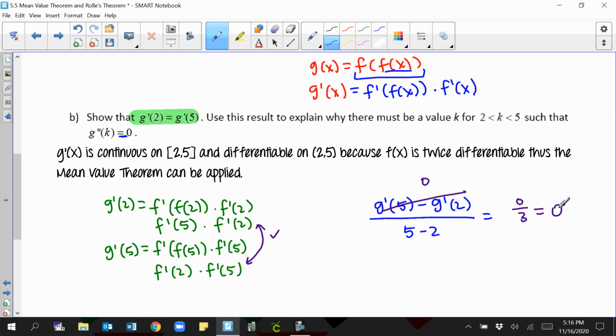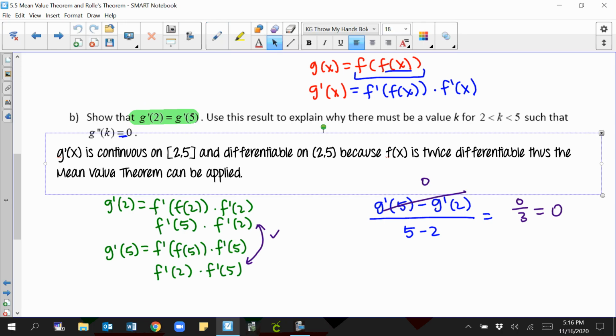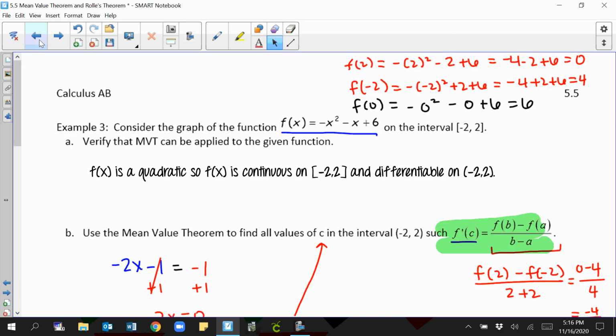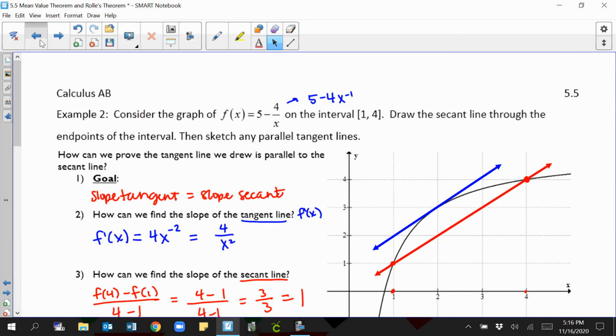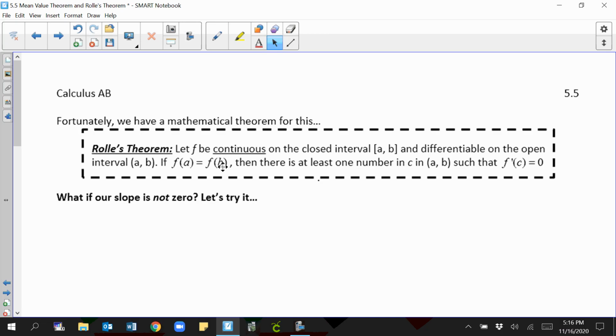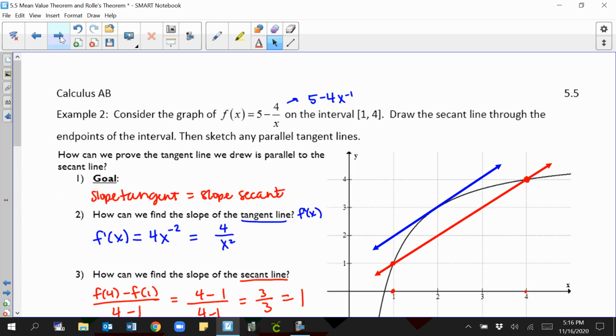But remember, we don't have to use mean value theorem. We can use our Rolle's theorem here, because we're specifically looking for where our slope is equal to 0. So instead of saying mean value theorem can be applied, I'm going to say Rolle's theorem can be applied. And if you remember back here from our definition for our Rolle's theorem, if f of a is equal to f of b, then there's at least one number such that f prime of c is equal to 0.